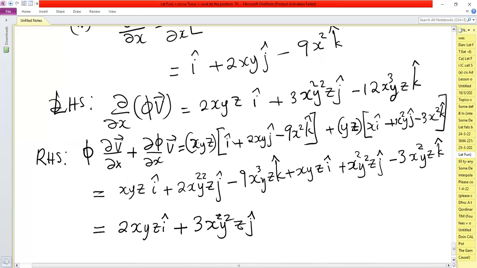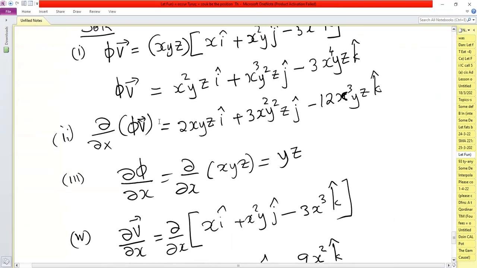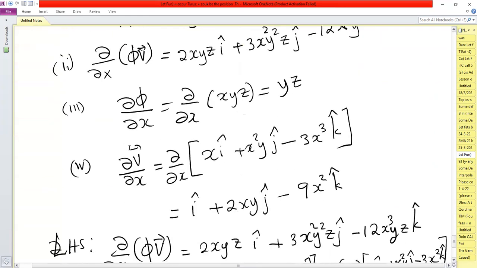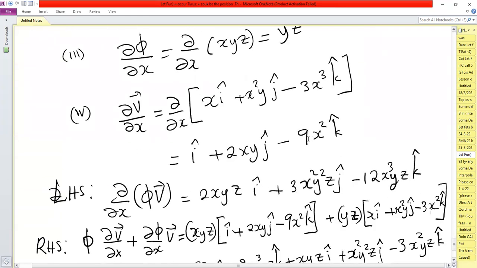And then remember this x squared and x, this was yz multiplied by x squared. Okay, this is the value for partial phi and then partial v partial x. From our computation, partial v partial x, I just confirm this was minus 9x squared.